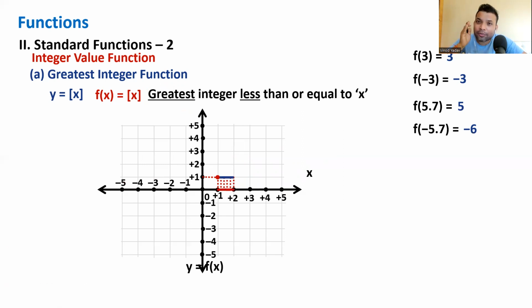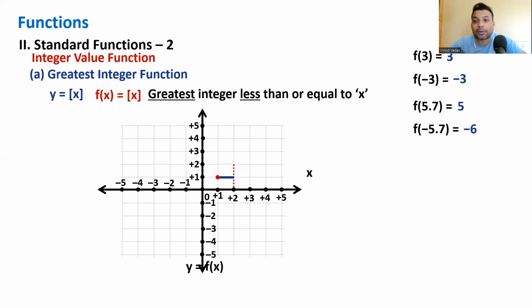And if x is anything from 1 onwards up to 1.99999, the output will always be 1. So for all these values of x on the red line, the output will be that blue line, 1. And if x goes from 2 onwards, that is, x is 2, y is 2, x is 2.1, still y is 2, right? So at 2, the output will jump to 2.